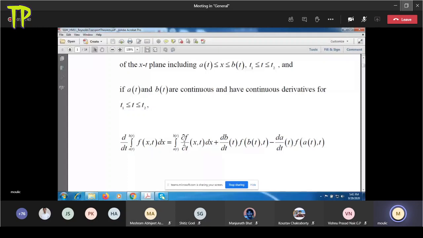One term involves the partial derivative del f del t, integrated over the same interval in x. And then you have the derivative of the upper limit multiplied by the function value at x equal to b, minus the derivative of the lower limit multiplied by the function that you're integrating at x equal to a.